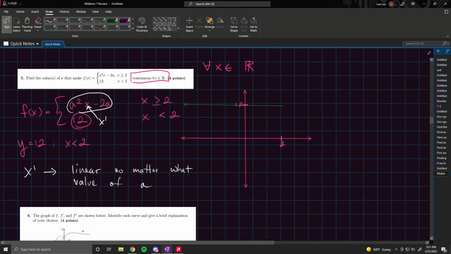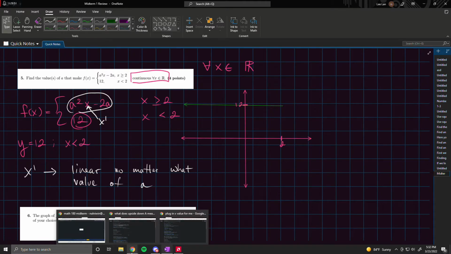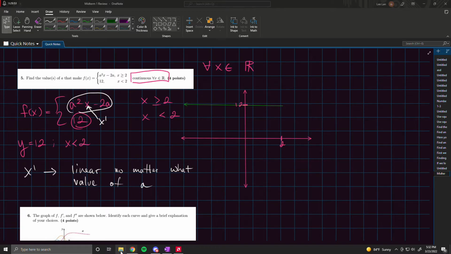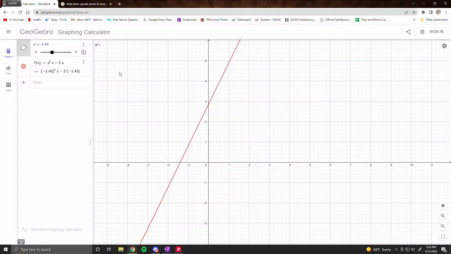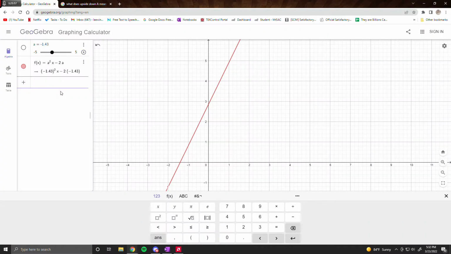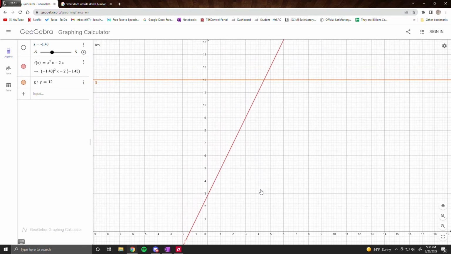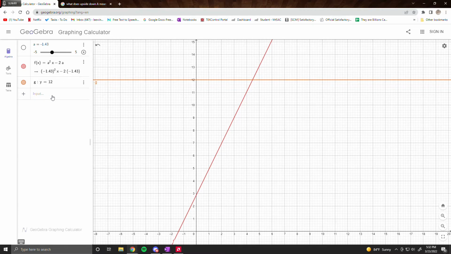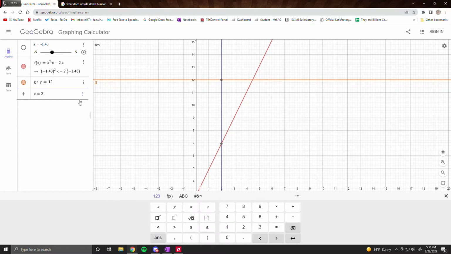Let me try plugging in 2 here, because these functions are always going to be continuous, but the problem is at 2, they're not necessarily going to line up. So let me plug in y equals 12, and then x equals 2.